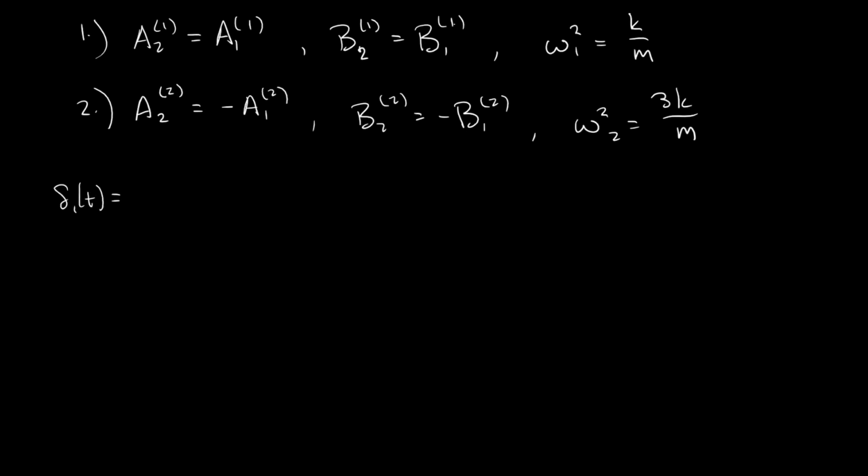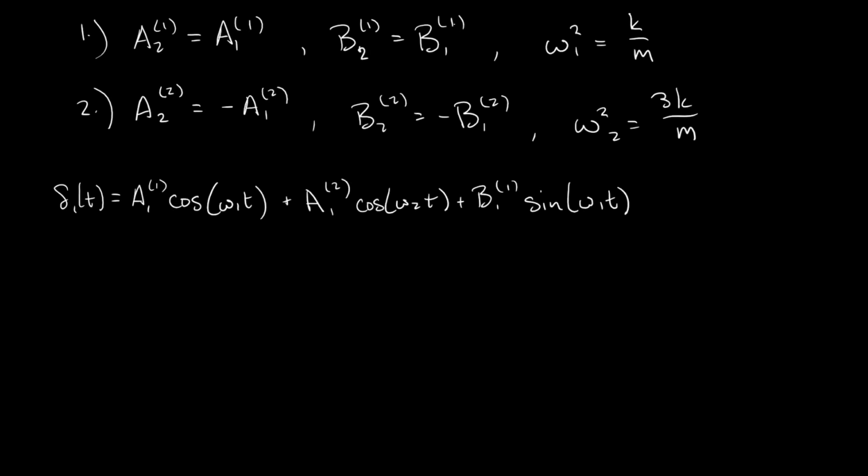Delta 1 of t is then going to be equal to a1 1 cosine omega 1 t plus a1 2 cosine omega 2 t plus b1 1 sine omega 1 t plus b1 2 sine omega 2 t, and then we have minus a1 1 omega 1 t, should be plus.